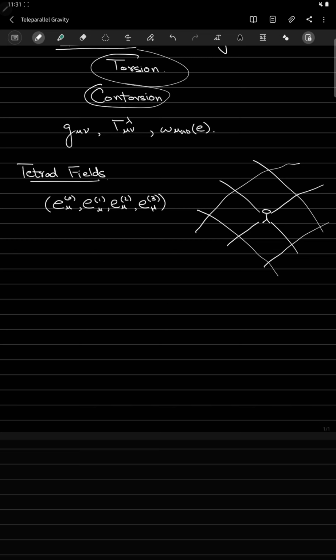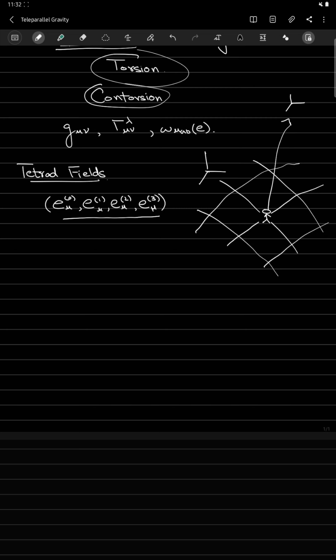And this observer uses his own reference frame, which is defined using these four orthonormal basis vectors, right? And then this global space is defined using some other four orthonormal basis vectors, right? Where the 0 can be considered as the time, while 1, 2, and 3 are your spatial vector fields, right?